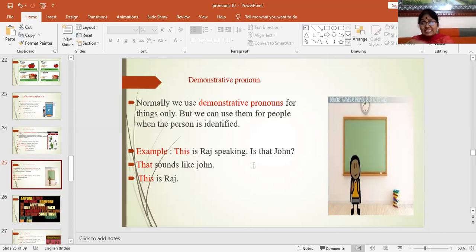Or this is the boy who stood first in class. That is the boy who was found cheating, right? So when we are identifying the person, we use our demonstrative pronouns. Otherwise, most of the time, we use them when we are talking about things.